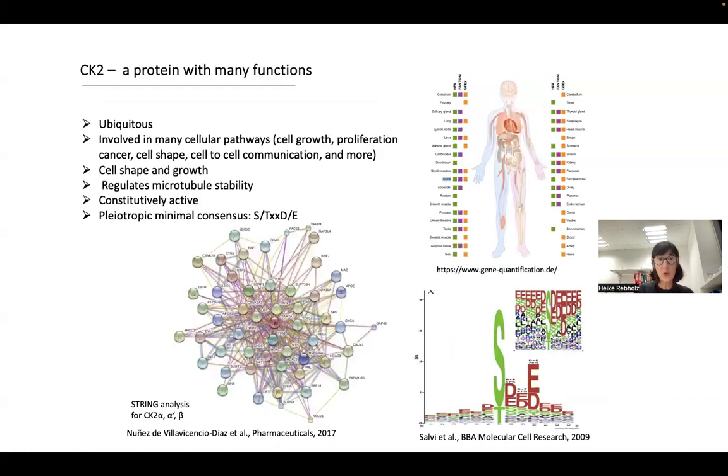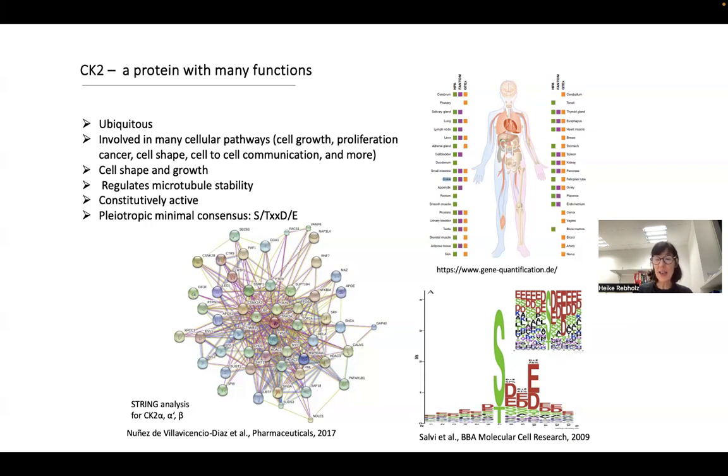And so CK2 is one of many kinases that we have, but it's an important kinase because it's expressed in all of our cells in our body. And it's also conserved, which means CK2 is also present in other living organisms, in mice, but also in organisms as small as yeast, a worm, or Drosophila, a fly.